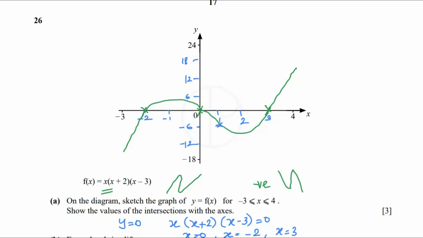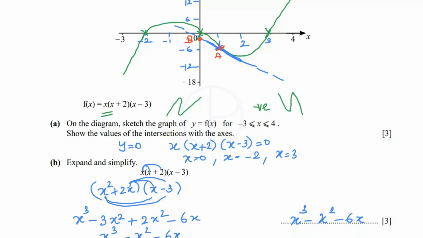If you draw a tangent at this point, you will get a line here. Okay, so it meets the y-axis here. So this will be B and this is A.